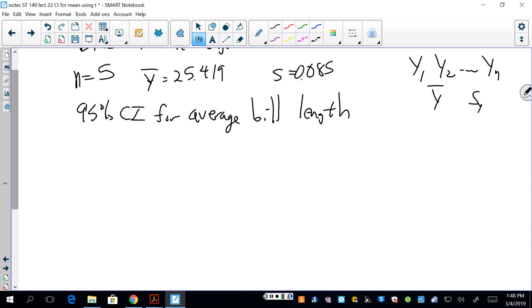Whatever symbols are used, you have 5 observations, the average, and the standard deviation. When I write questions, I mostly say this is the sample average, sample standard deviation, rather than give it a symbol. As you read other books or other sources, it might change the letter on you. Okay.